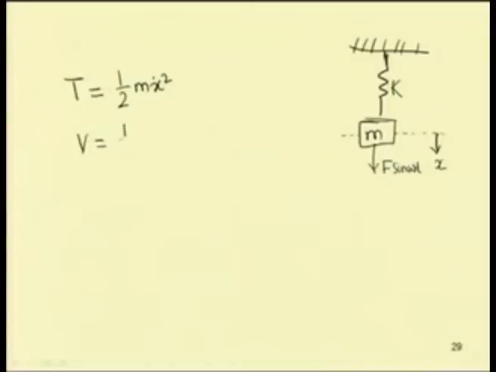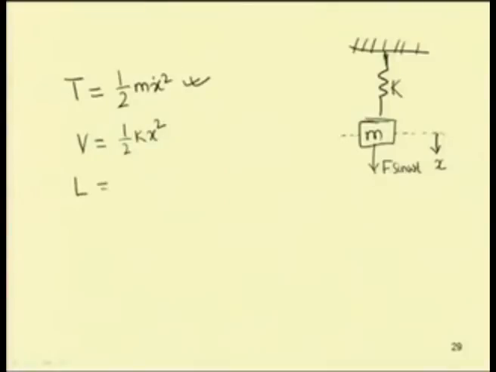So, it will be equal to half k x square. So, the kinetic energy equals half m x dot square and the potential energy equals half k x square.